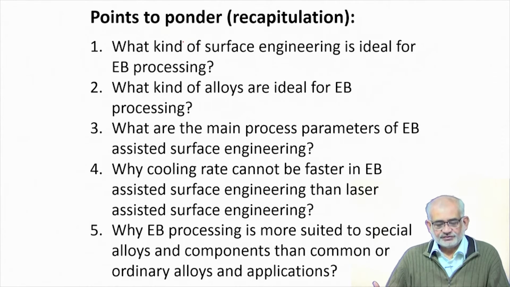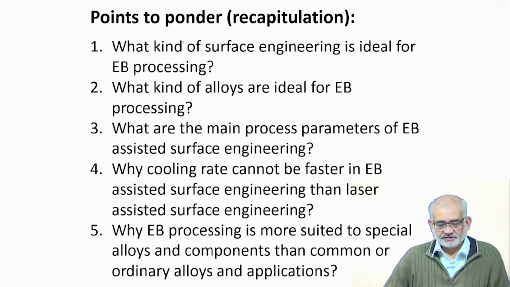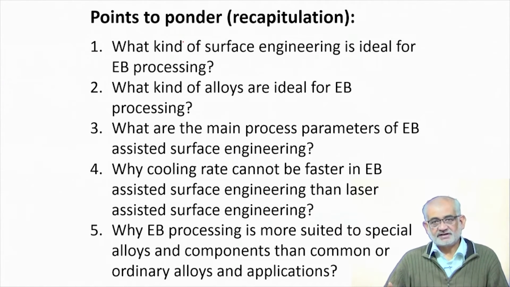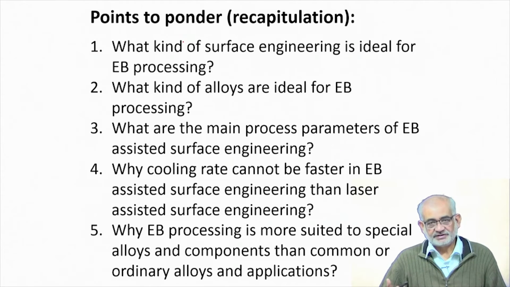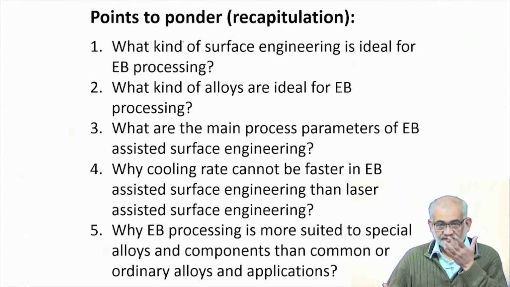You would rather use EB assisted welding or surface engineering for sophisticated, expensive, complex shape and other major specialized requirements, and not necessarily for things which can be done routinely outside using even just an arc torch or arc melting unit or TIG or MIG unit and so on.